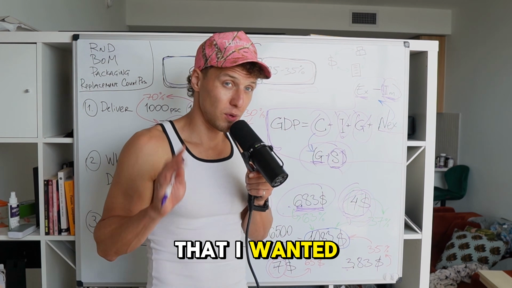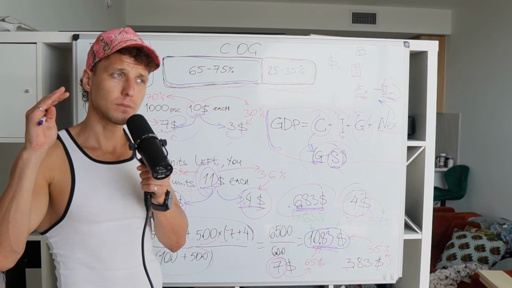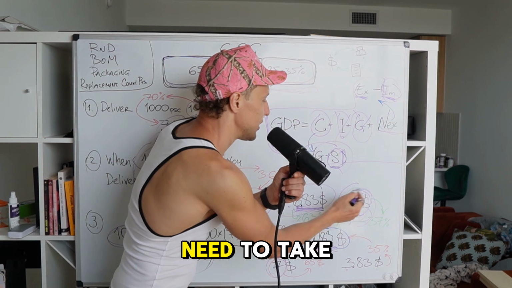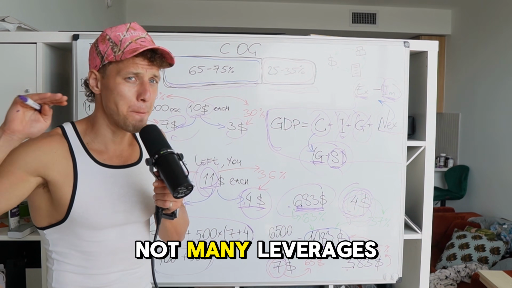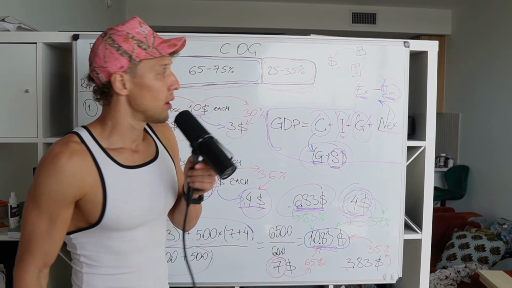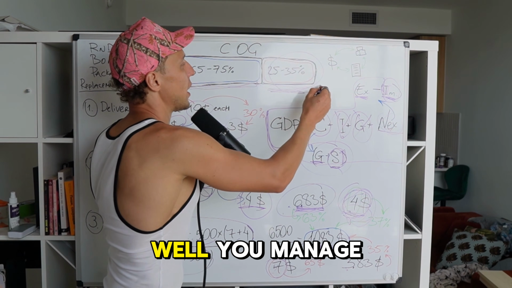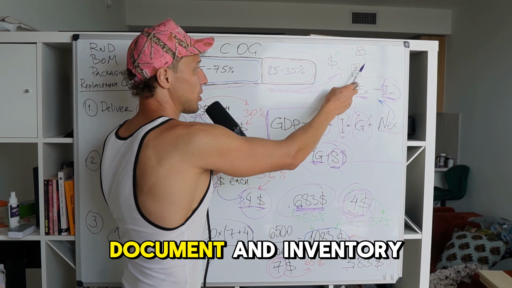The last part that I wanted to show you about these two approaches is why we need to take the service part as the base for the COGS: there are not many leverages to lower the freight. Because essentially, what is freight? Freight is how well you manage the flow between money, document, and inventory.